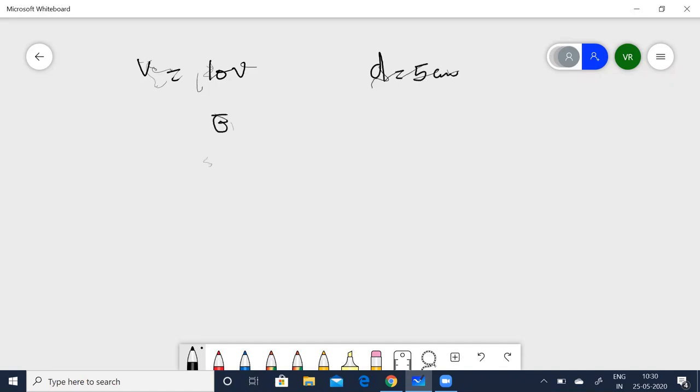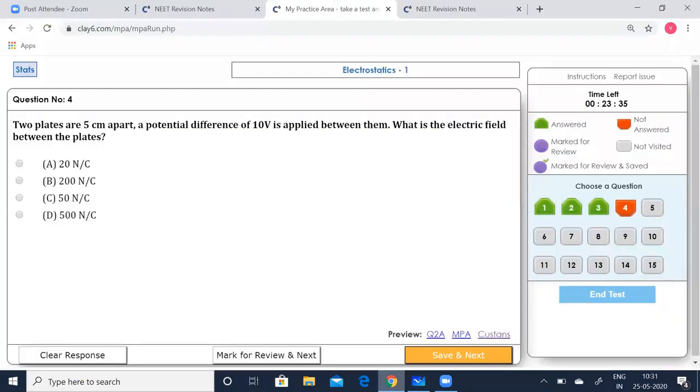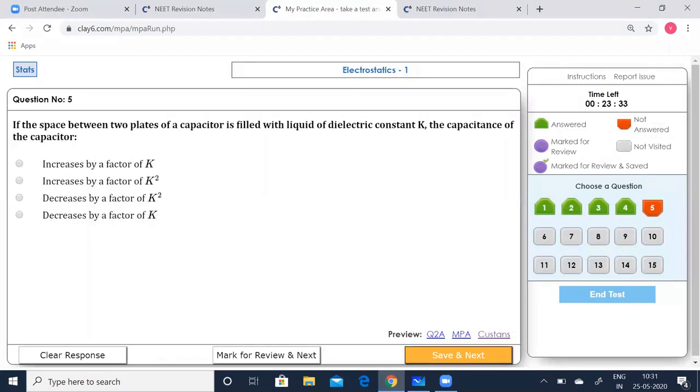Now E is equal to V by d, which is equal to 10 divided by 5 into 10 to the power of minus 2 meters, having converted centimeters to meters. So when you calculate this, that gives you 200 newton per coulomb. Let's see which option is correct. 200. Yes, B is correct. Click that. Go to the next.